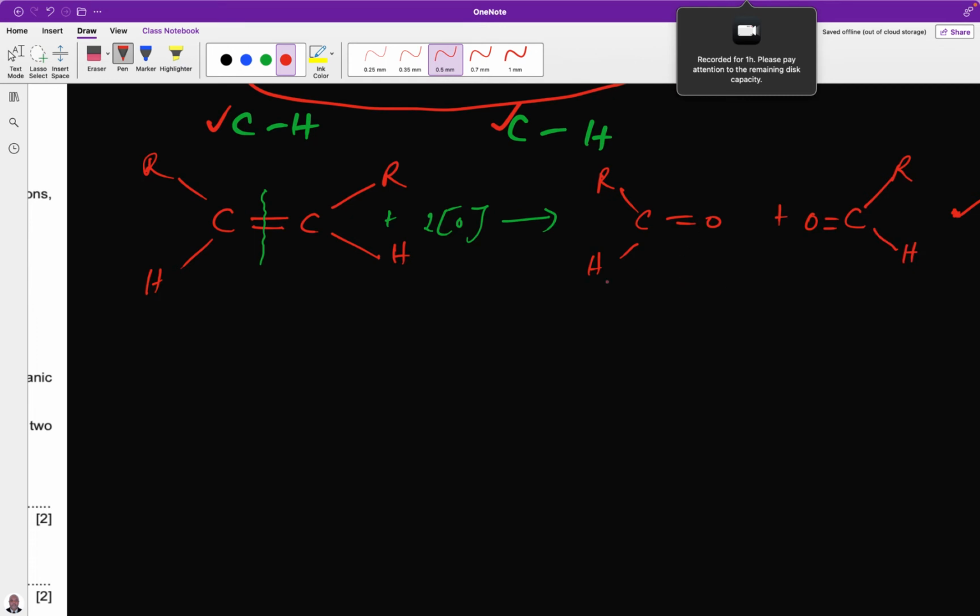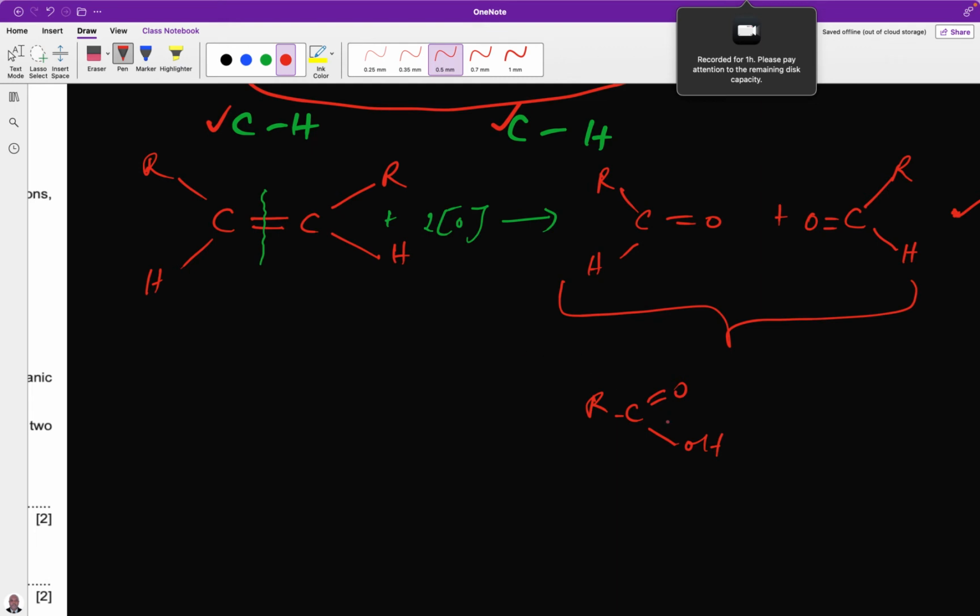and remember, these are all aldehydes, and they will undergo further oxidation to the carboxylic acid. So this is the same thing we are having there.